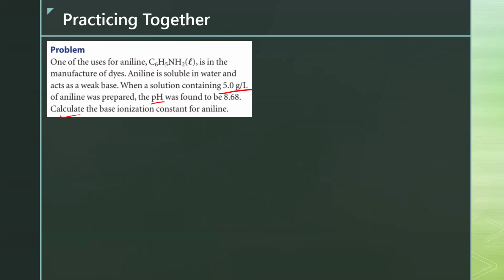I would say the first thing we should do is create an equilibrium reaction. Okay, let's get a formula going. C6H5NH2 plus water, double-sided equilibrium reaction here. We are already told in the question that this thing is acting as a weak base. So we know automatically that OH negative is going to form.